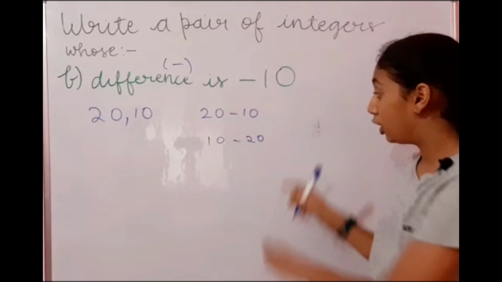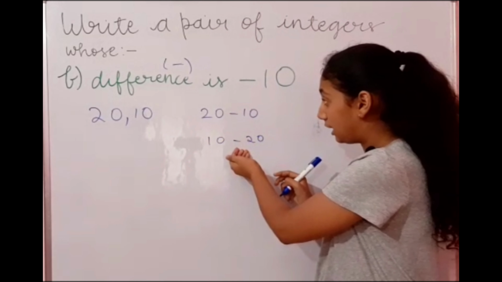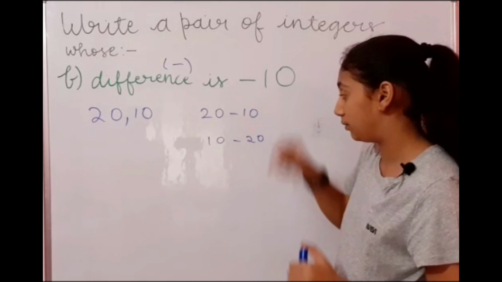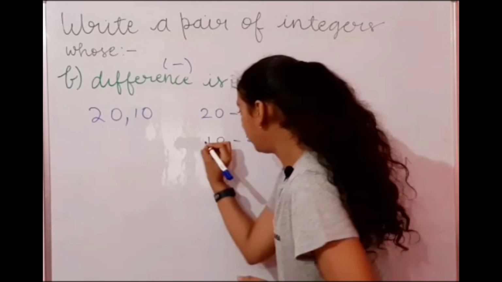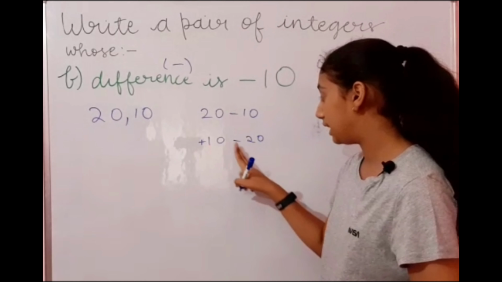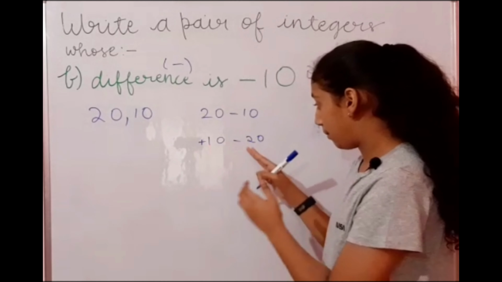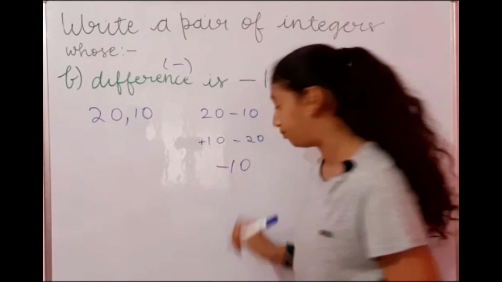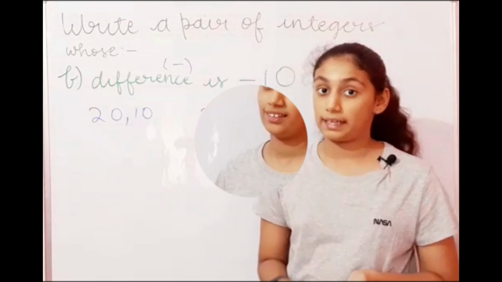Because over here 20 has the minus sign in front of it, and now only the answer will come as -10, and in front of 10 there will be a plus. Plus 10 minus 20. Plus and minus become minus. 10 minus 20 is -10. So here we get the answer as -10.